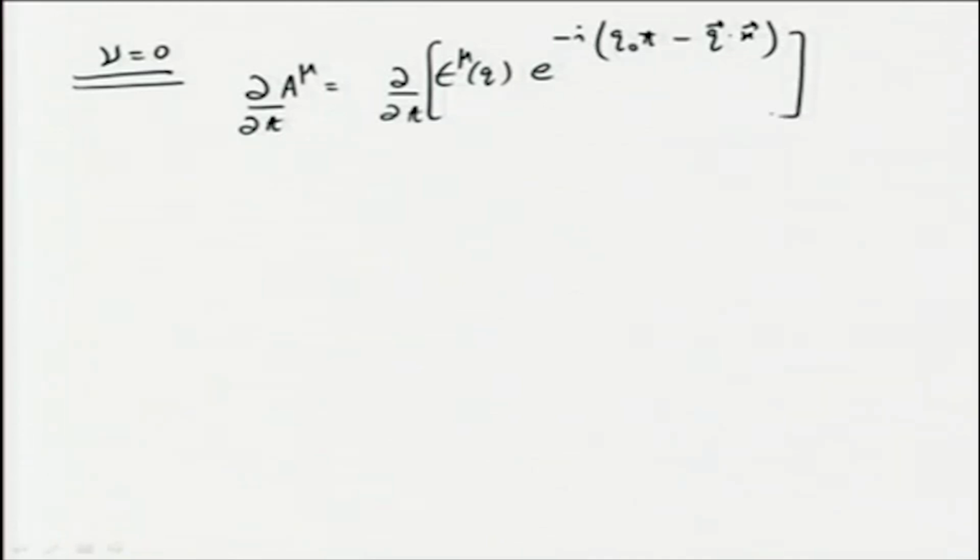There is only one particular place where t appears on the right hand side, it is exponential minus I q 0 t.